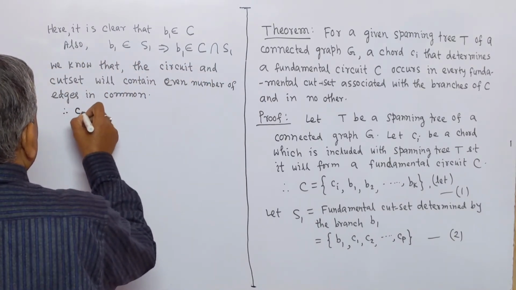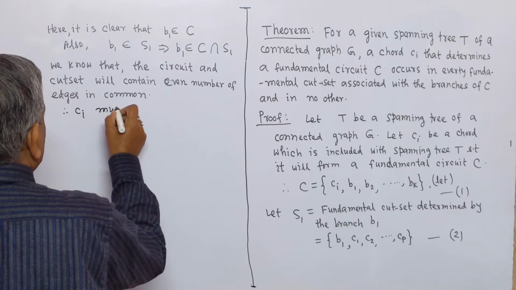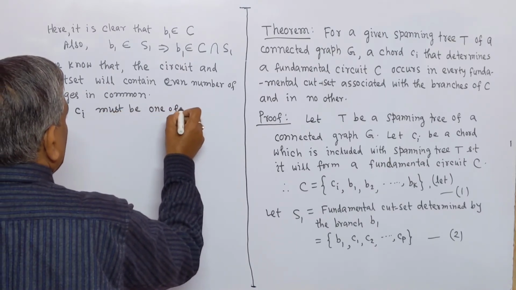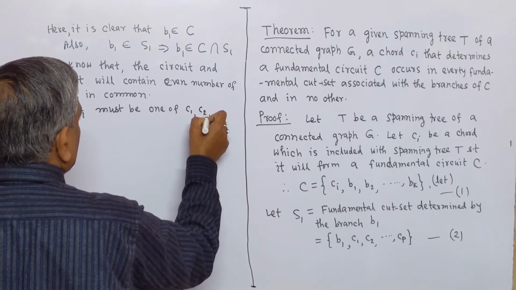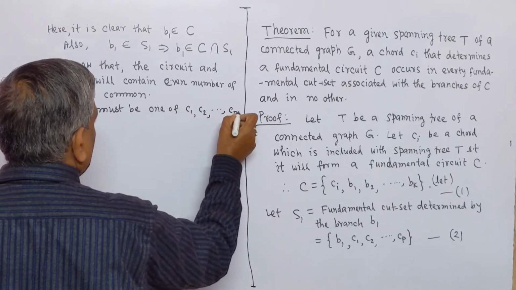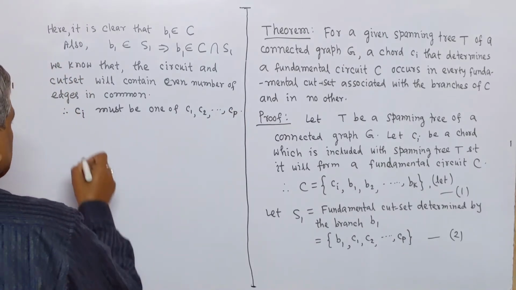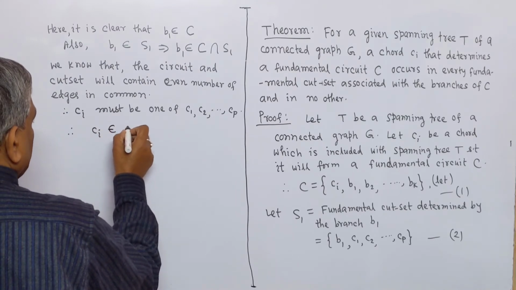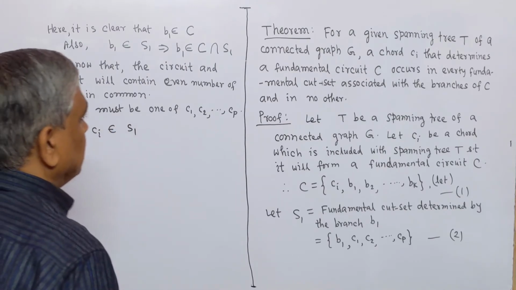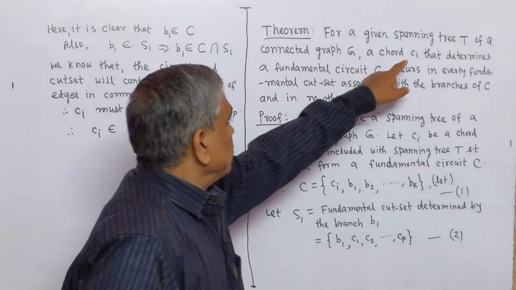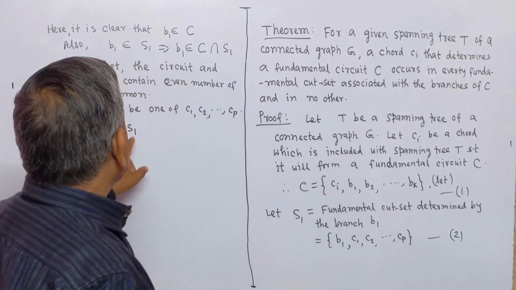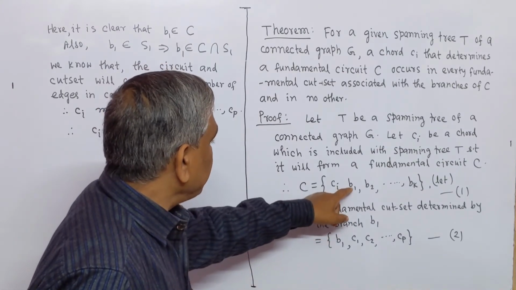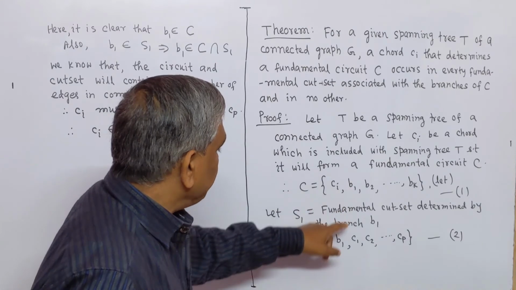Therefore, Ci must be one of C1, C2, Cp. Therefore, Ci belongs to S1. So this chord Ci must belong to the fundamental cut set associated with branch B1.